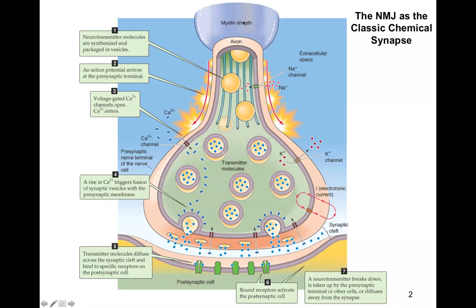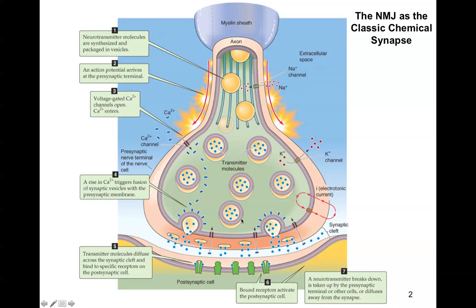And they travel down the axons through these microtubules, those superhighways. They travel down the axons and are stored within this axon terminal. So they're packaged up in the cell body, shuttled down to the terminal where they sit and wait to get exocytosed.